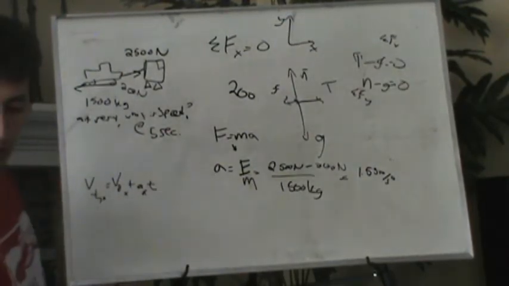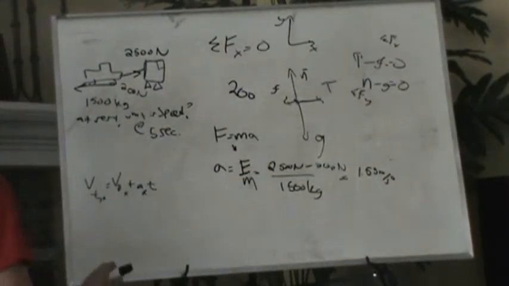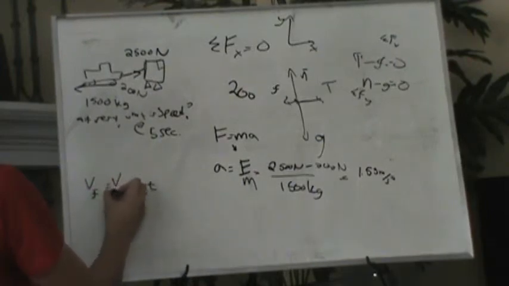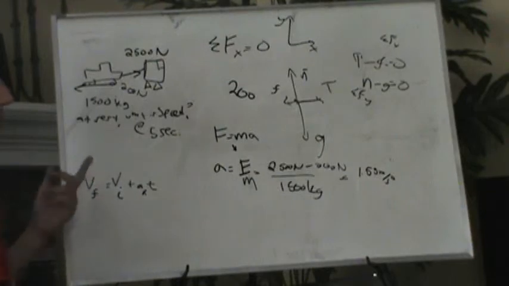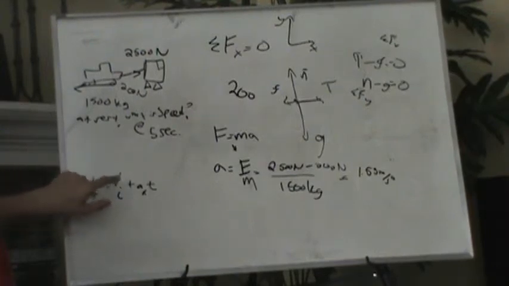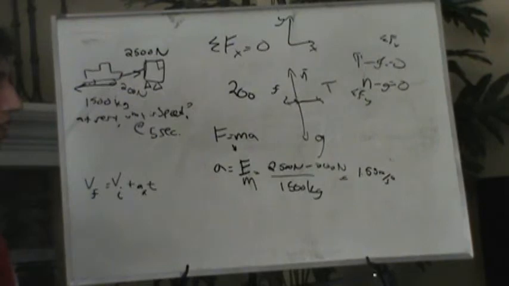Okay, so this is really confusing. So usually what I like to do is use vf and vi. vf just means final, so it means the final speed or final velocity, whatever I'm trying to find, is equal to vi, which is the initial velocity from where the thing starts, plus acceleration times time.